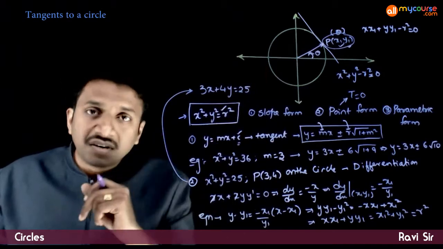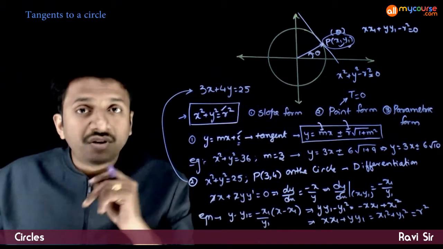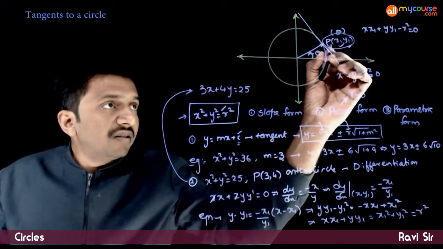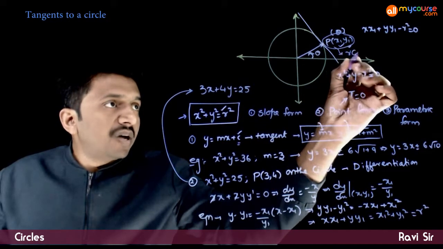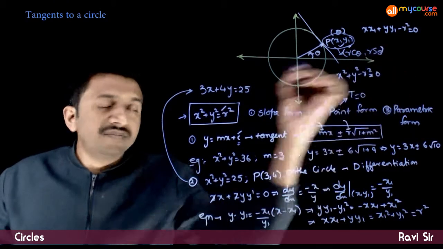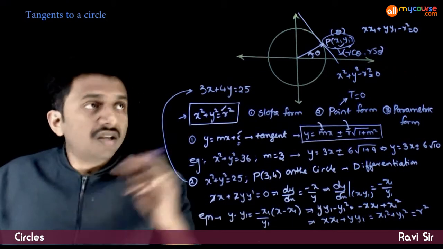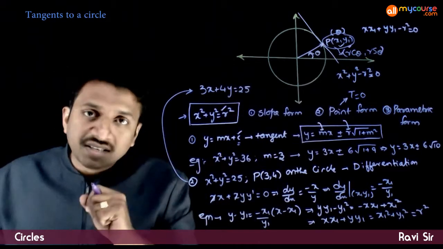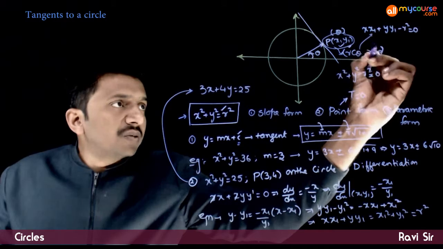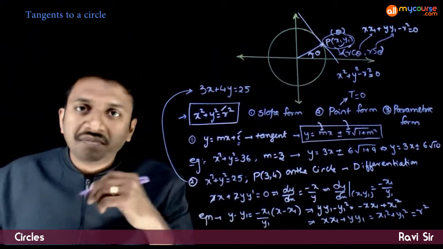So if theta is given, what is the equation of the tangent at that point? Obviously, if theta is given, the point corresponds to (r cos theta, r sin theta). This is what we have seen. So you have the coordinates, and you just need to substitute x1 and y1.